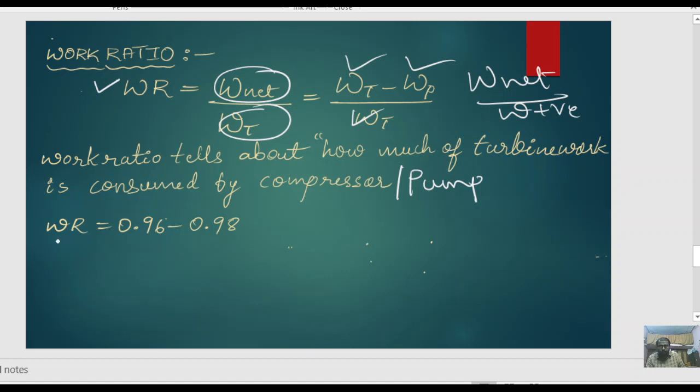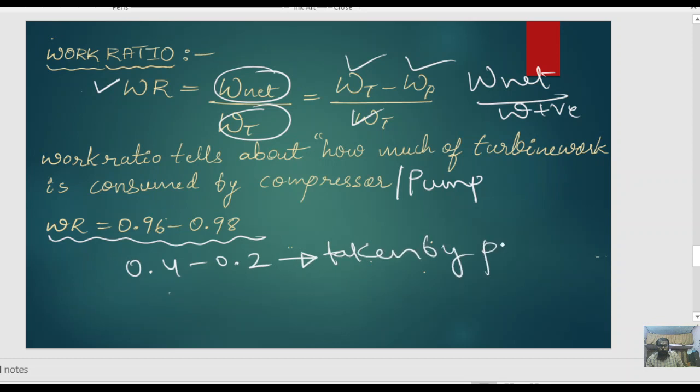Let us see an example. Work ratio is 0.96 to 0.98. That means the remaining 0.04 or 0.02 is taken by the pump. Whatever remains is taken by the pump.